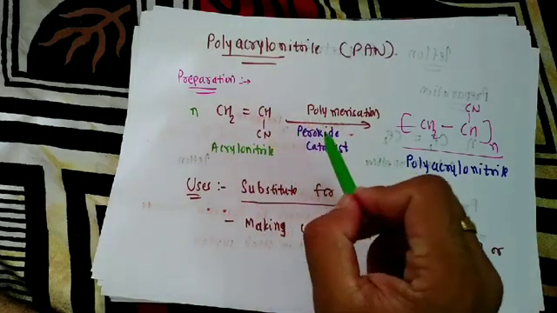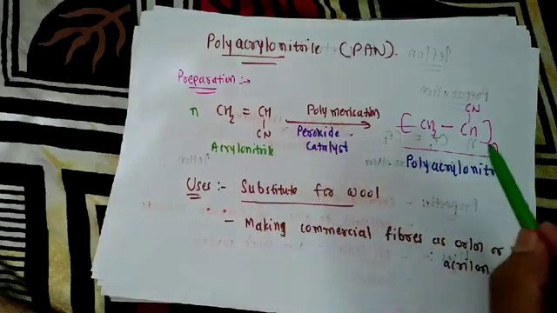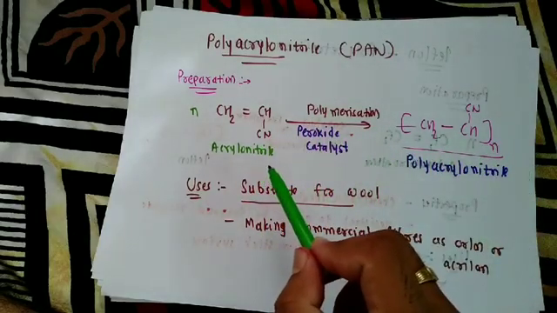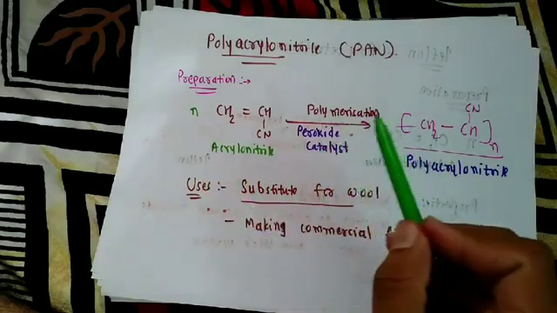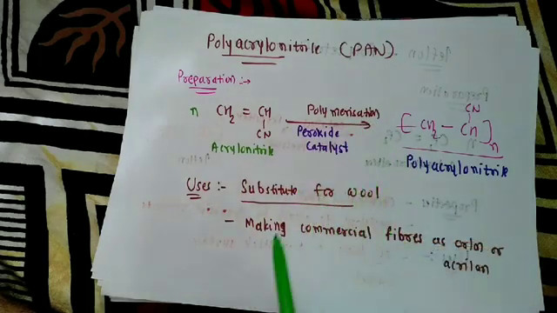Under high pressure and in presence of peroxide catalyst, acrylonitrile will be converted into polyacrylonitrile. Properties remain the same, chemically inert and resistant to attack. Uses are: it is a substitute for wool. It is used for making commercial fibers as Orlon and Acrylan. So these are the preparation, properties and uses of addition polymers.